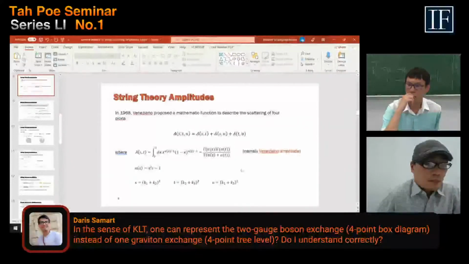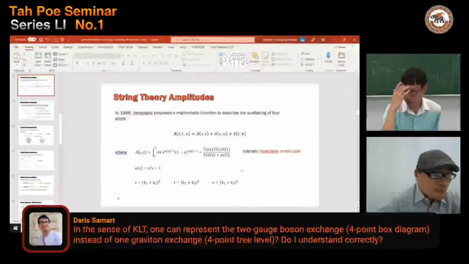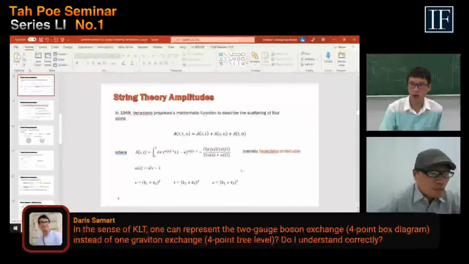I need to mention first that the KLT relation was derived at tree level, but at loop level, to be honest, I'm not sure whether it holds.